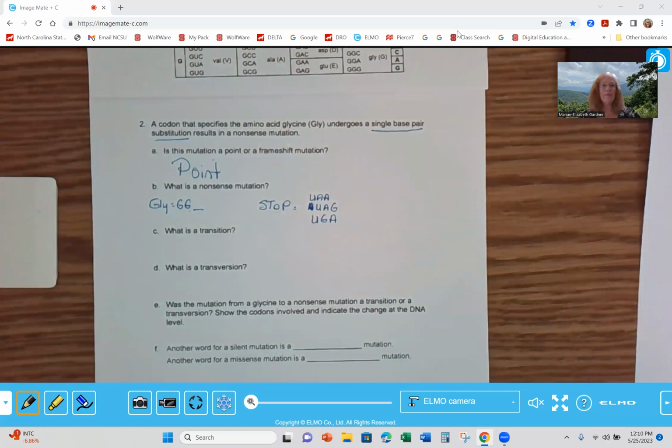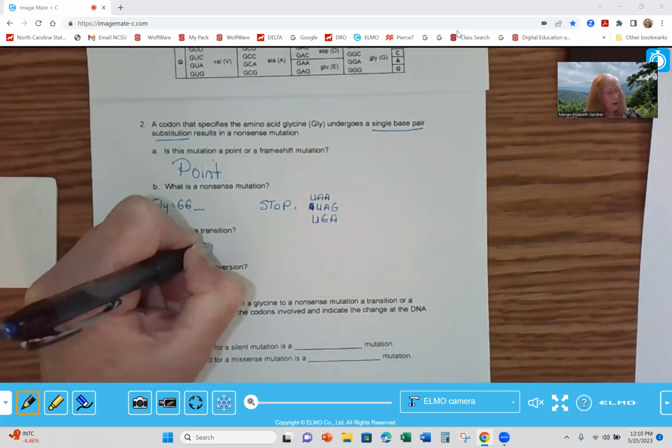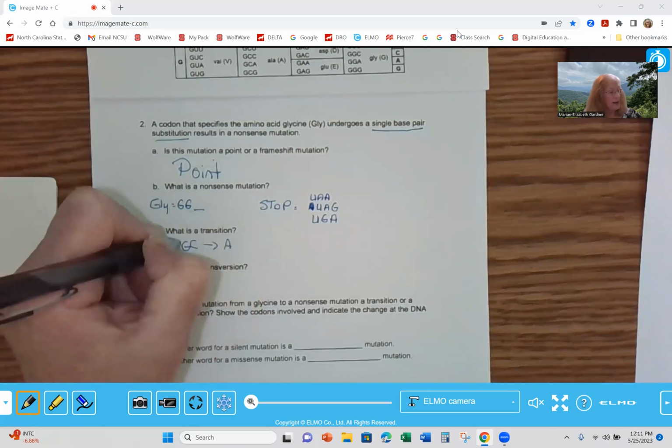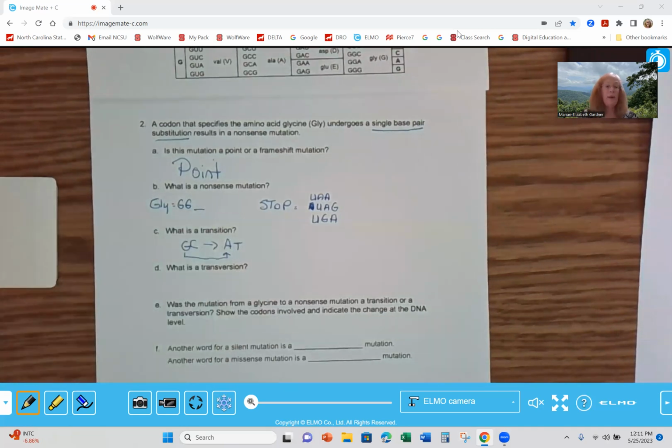What is a transition? A transition is a point mutation where we're going from purine to purine or from pyrimidine to pyrimidine. So something that went from a guanine, which would be a GC base pair, going to an adenine. The guanine changed to the adenine, which means we went to an AT pair.